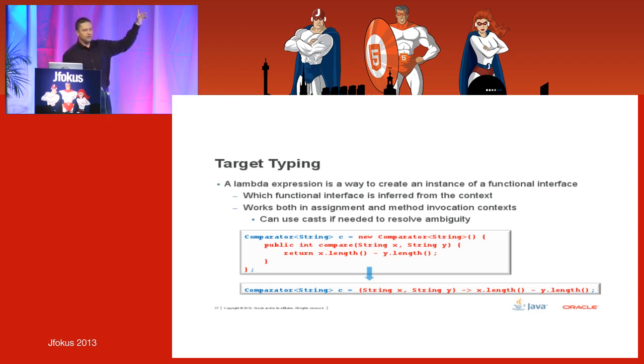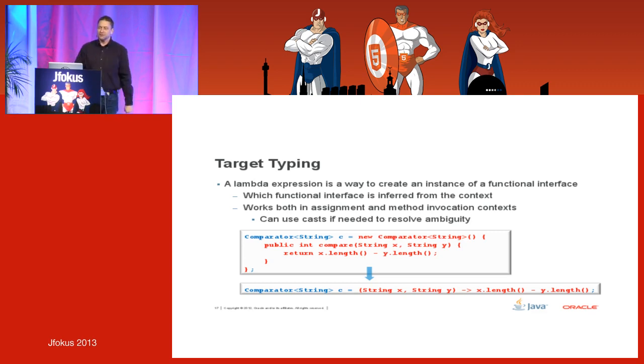So we end up with the example that we see here, where we've got a comparator. In this case, it's typed as a string comparator. So we have a single method compare, which takes two strings. We then return the difference of the length of those two strings. And we can change that to a Lambda expression simply by replacing it with the code underneath.